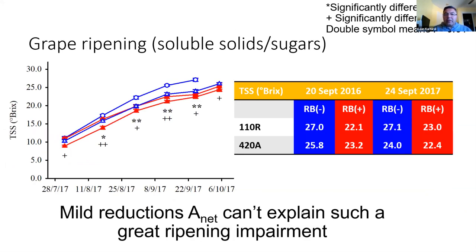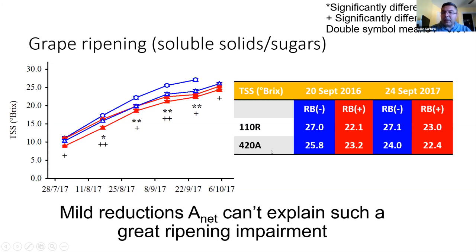Grape ripening is the best way to assess this. There's an inherent relationship between ripening speed and photoassimilation, but what we're seeing are mild reductions in photoassimilation and a huge reduction in sugar assimilation into the plant, or its translocation. When we compare these red blotch negative and red blotch positive vines on the 20th of September on 110R, there's almost a 5 degrees Brix difference between red blotch positive and red blotch negative vines.